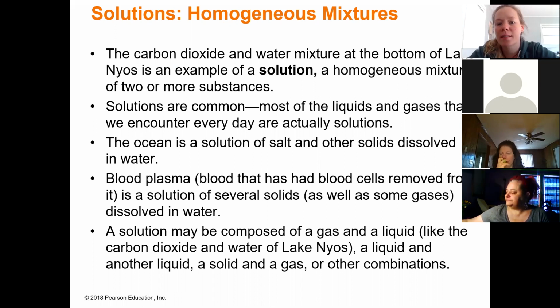The ocean is an example of a solid dissolved in a liquid, specifically in water. Blood plasma that's running through your blood is a combination of a liquid with several solids. And then actually there's also some dissolved gases in there. That's how oxygen gets through your system. Lake Nyos was an example of liquid and gas.